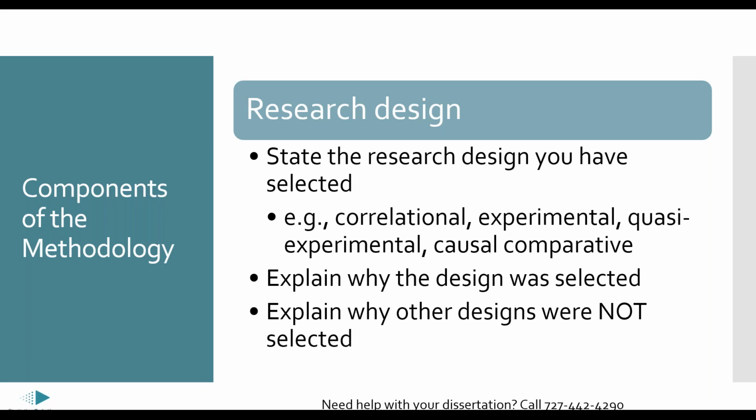And so similar to the reasons why you selected your design, you want to talk about the reasons why you didn't select other types of designs in relation to your problem, purpose, and research questions.